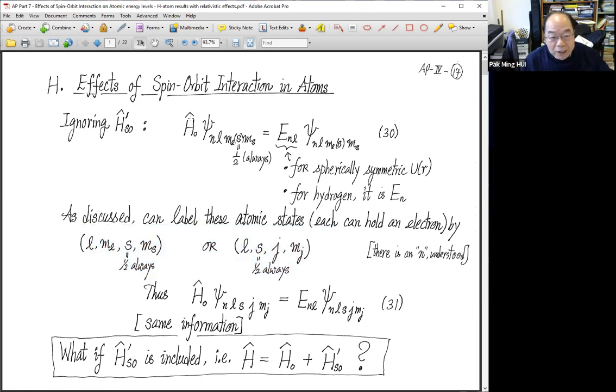Therefore, if it is this same atom Hamiltonian, they will have the same eigenvalue, just like the 2p state we have been using as example. The 6 states, same energy, 2p, linearly combine them into J, M_J, same energy, 2p. But the question now becomes, I have a spin orbit interaction term. The Hamiltonian becomes this. What happened?